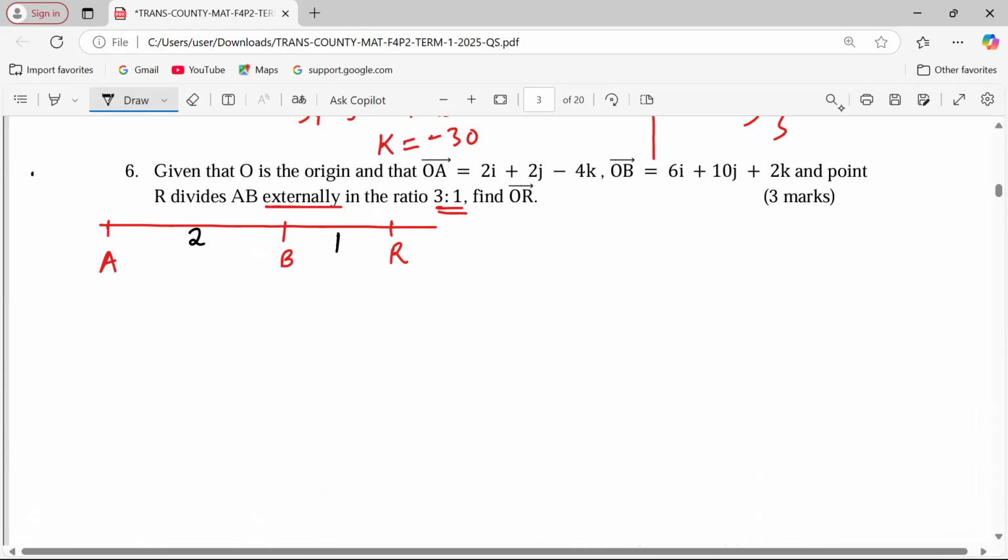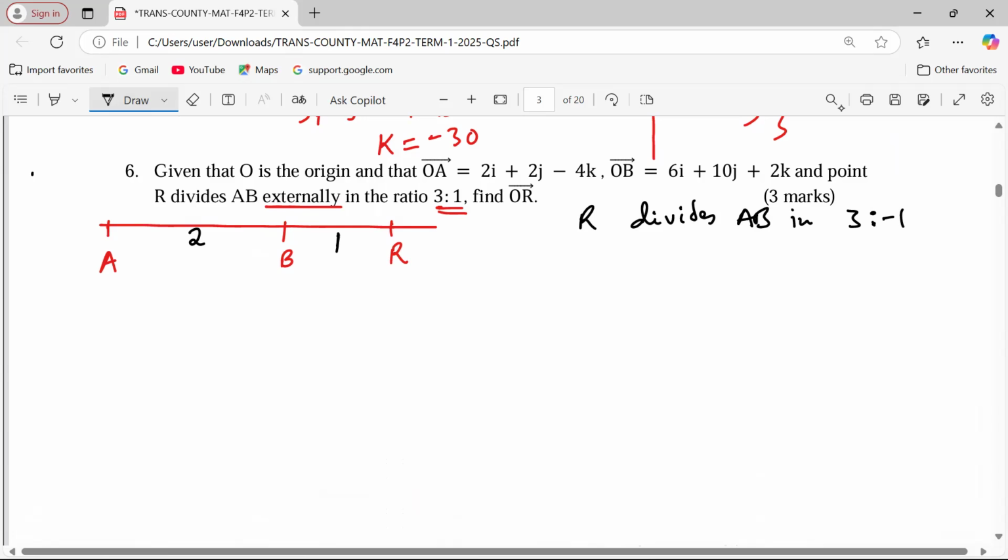Now, another way of stating an external division: you can be told point R divides AB in the ratio -3:1. It would mean the same.